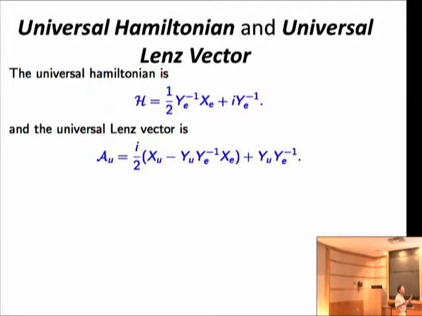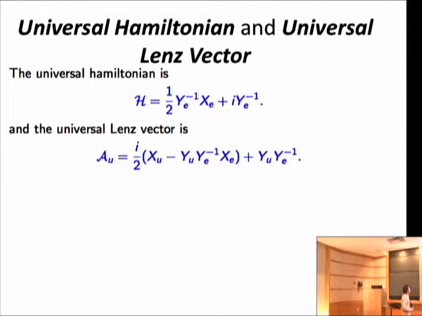And the U and the Z are elements of the Jordan algebra. But our Jordan algebra has a special element called the identity element, E. So for this identity E, there's X_E, there's also Y_E. Suppose I formally invert Y_E and write it as Y_E to the -1. Then we write this universal Hamiltonian like that, and the universal Lenz vector would be like that.